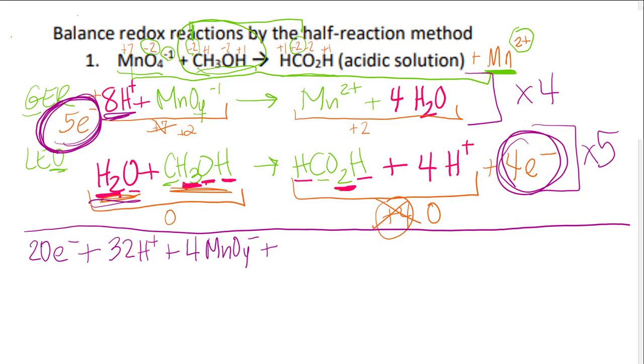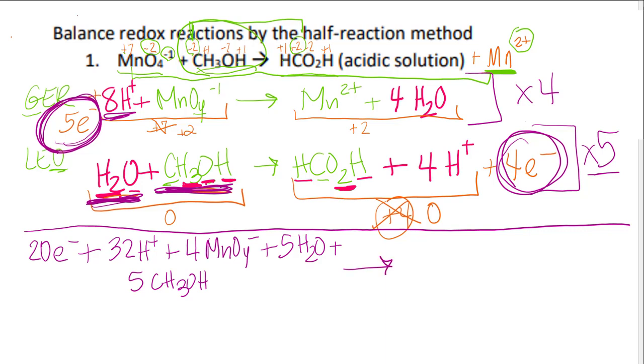Plus, now we've got my second one. I've got 1 water on the left, but remember we're timesing it by 5. So 5 waters, plus, I had 1 CH3OH, I'm timesing it by 5. 5 CH3OH.